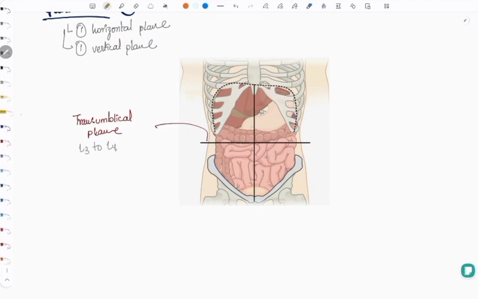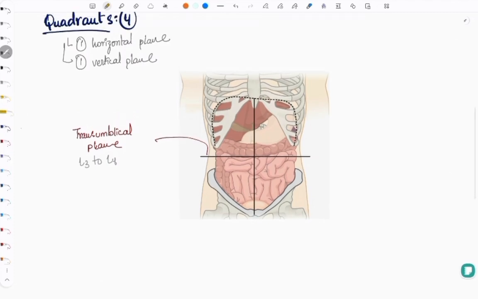The vertical plane that divides our abdomen into 4 quadrants is the median sagittal plane, extending from the xiphoid process of sternum up to pubic symphysis.